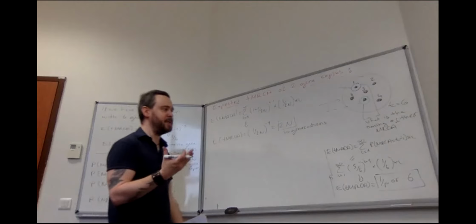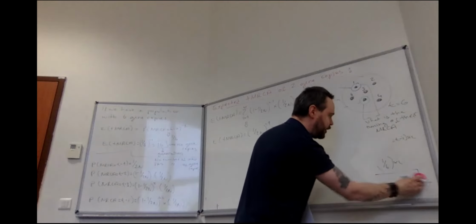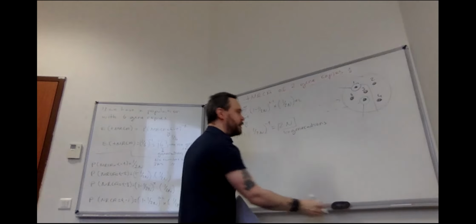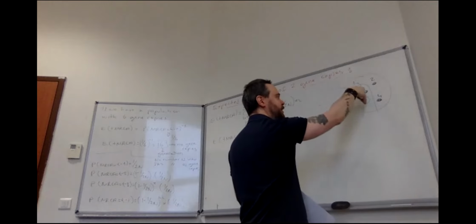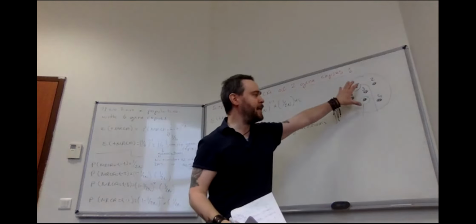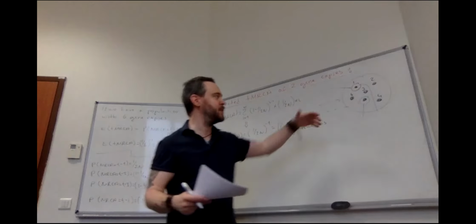Now, what does this help us with? Remember, we were doing all of this to understand something very specific: the amount of differences between any gene copies. We started by saying, if I randomly select 2 gene copies, what's my expectation for the number of differences between them?